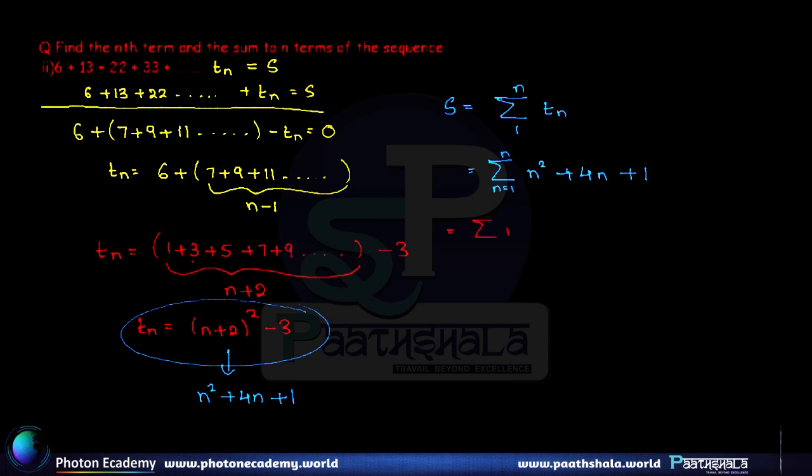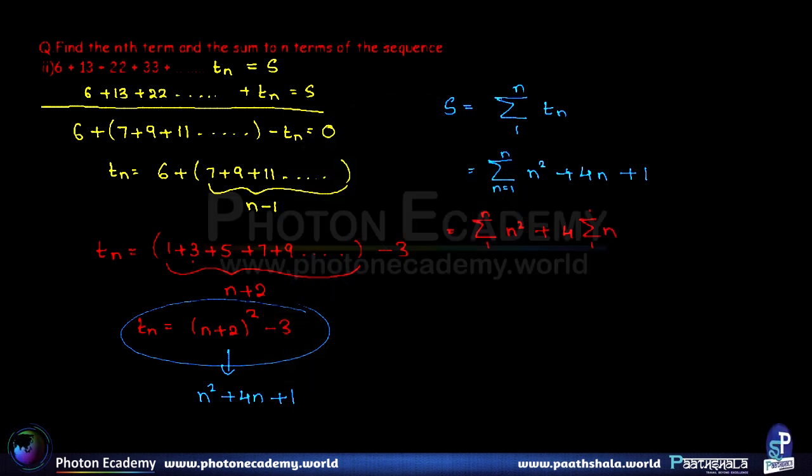So this can simply be written as summation of n square from 1 to n plus 4 into summation of n from 1 to n plus, we know that this will be just n. Okay, so we know the formula for this summation of n square from 1 to n.